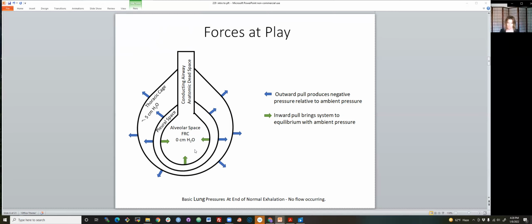So the blue forces are inhibiting those alveoli from collapsing, causing atelectasis. And the green forces are pulling towards the center of that alveolar space to prevent those alveoli from expanding too much and popping.